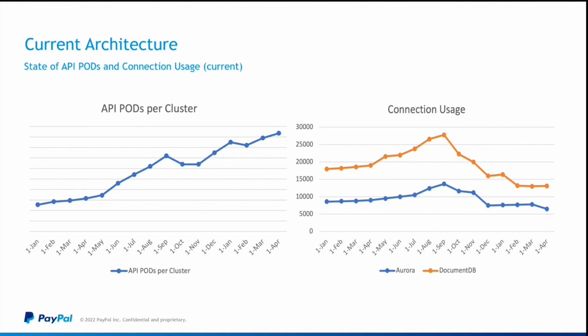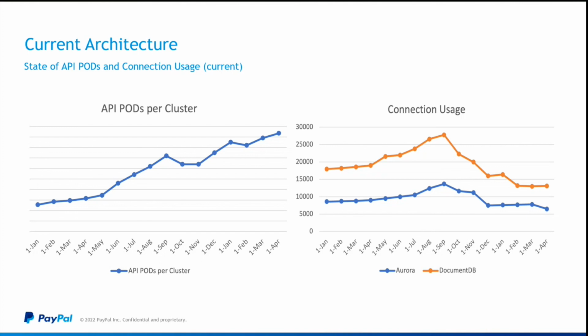Let's take a look at the current state of things with regards to connections and pod counts on our platform. During the start of the year, we had a gradual increase in the number of pods as we started doing the namespace separation, as Kushal mentioned.